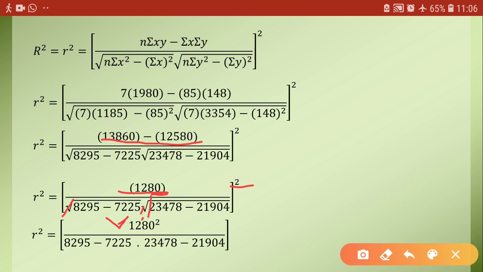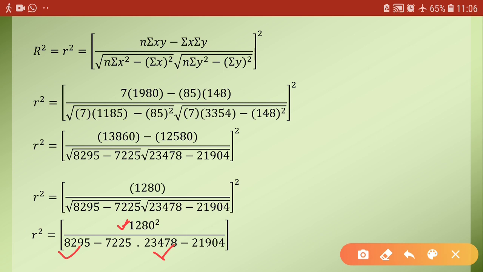Okay, so you can see the formula. It becomes like this: 1280 square upon 8295 minus 7225 into 23478 minus 21904. Root is replaced because root's square is removed.